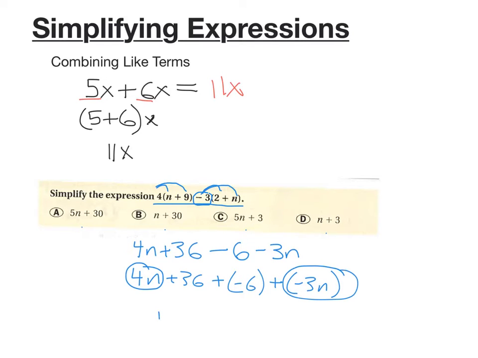That gives me 1n. And I have positive 36 and negative 6. 36 plus negative 6 is 30, so plus 30. And that is my answer. So I'm going to circle B.